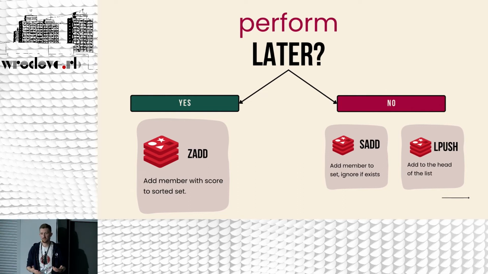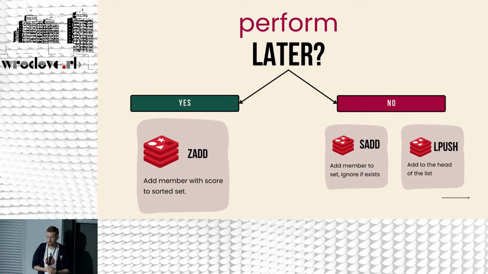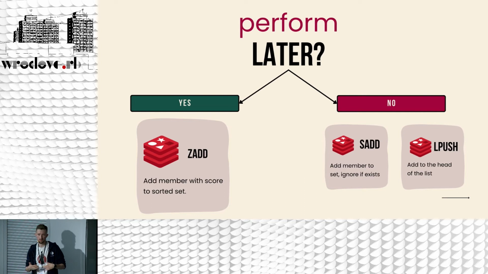And when it comes to saving data into Redis, we can either decide that we want to perform the job later at some point in time, for example, the next day, or we can use perform async to execute it as soon as possible. And if we want to execute the job later, then Sidekiq will use the zadd command in Redis.